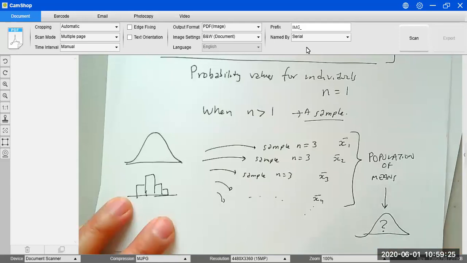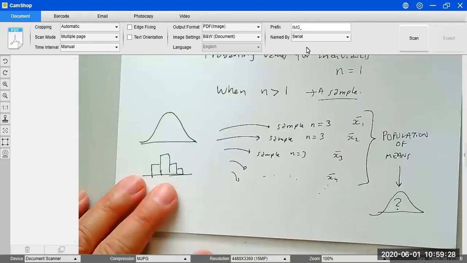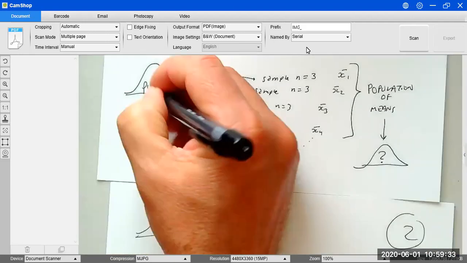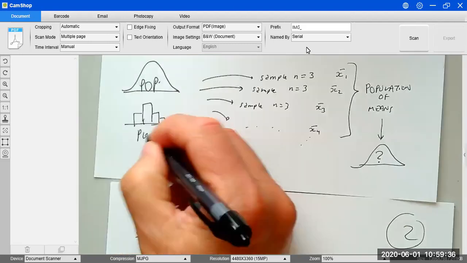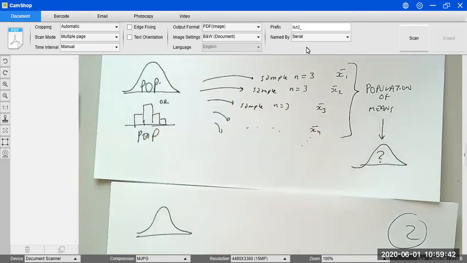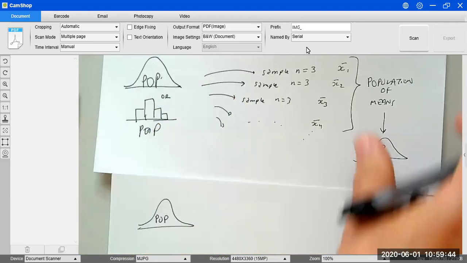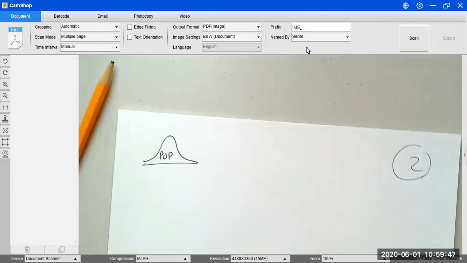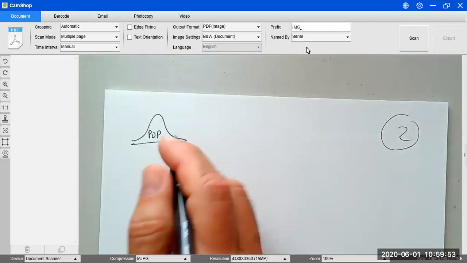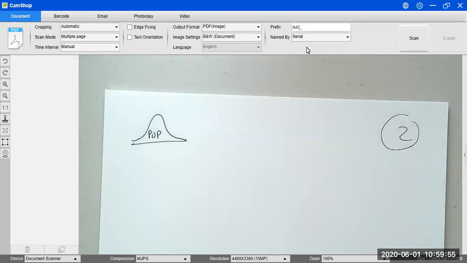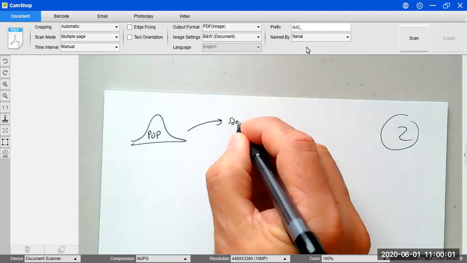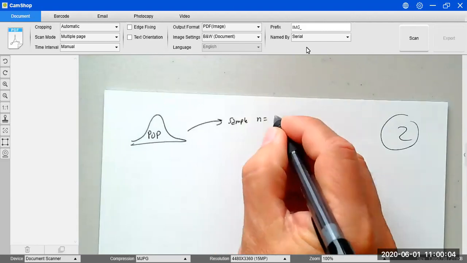Let me just continue with this kind of idea. So we have another population. This is the population. You can use either of those. From now on, I'm just going to talk about a continuous population, but the explanation, as I said before, is the same if you have a discrete probability distribution. So let's say that we're going to collect samples again, and now my samples are going to be of size 7.